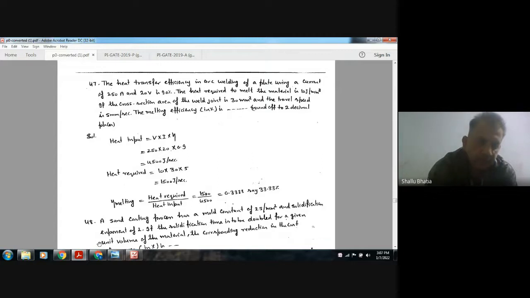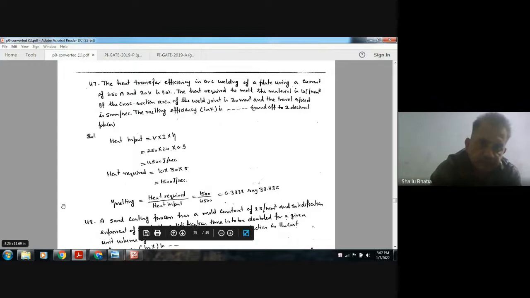So the heat input is your voltage and your current and efficiency. Okay, so that is voltage 20 and current is 250 and efficiency is 90%. So this is heat input.